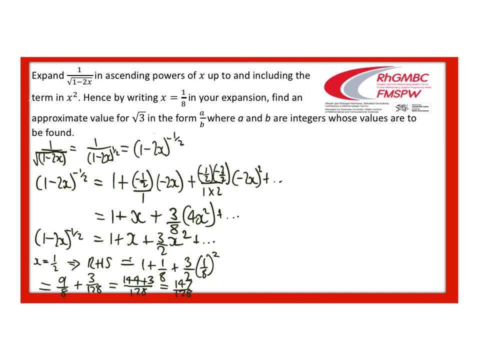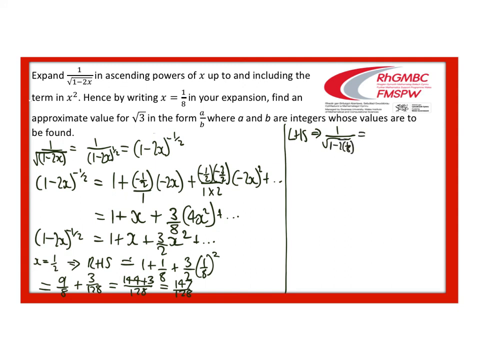Okay, what I've also got to do is evaluate the left hand side. The easiest way to do this is to start off with the original definition. That gives me 1 over the square root of 1 minus 2 times an eighth.